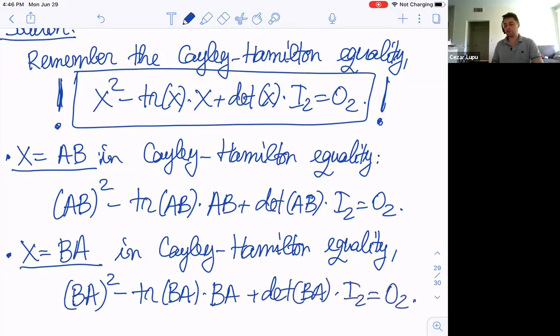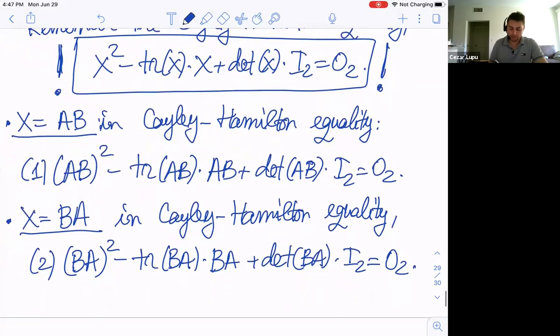Okay, so we have these two identities. Let me denote this one by 1 and this one by 2. We have to put them together to see how this looks.